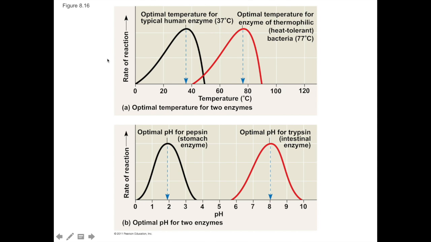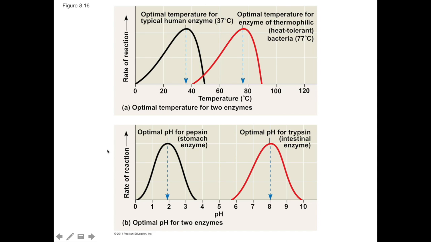So every enzyme has a temperature optimum, a best range of conditions for its activity. So right up here is the optimum, the peak, but there's also maxima and minima. Same thing is true for pH, or the concentration of protons in a solution.